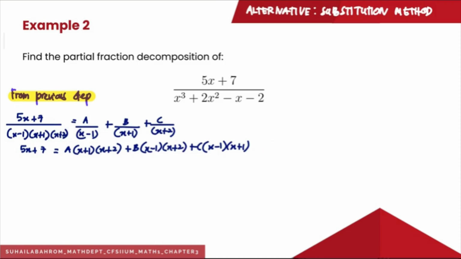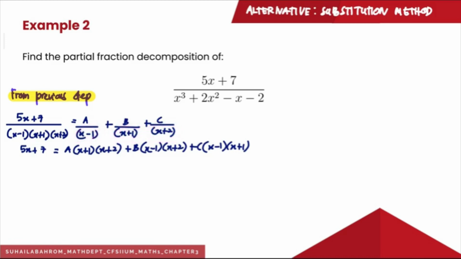By using the substitution method, since we have three different linear factors, what we have to do here is we will let the values of x equal each zero of the denominator.